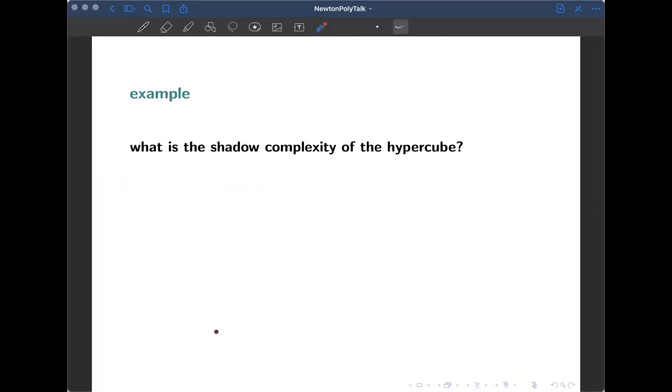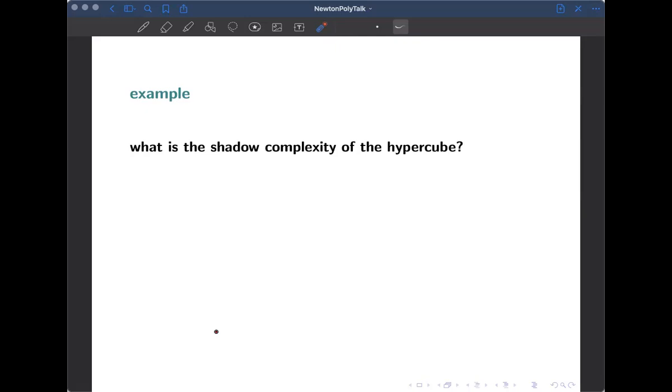So I want to start with an example. We have the hypercube. Here it's the solid hypercube in n-dimensional space. It has 2 to the n vertices, roughly n times 2 to the n edges, and we want to project it to the plane. And we want this projection to have as many vertices as possible.